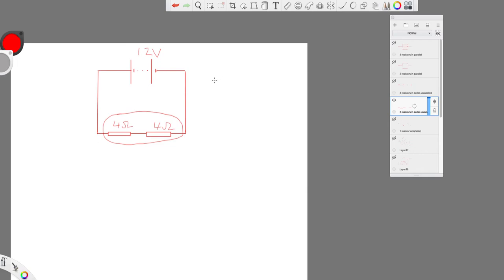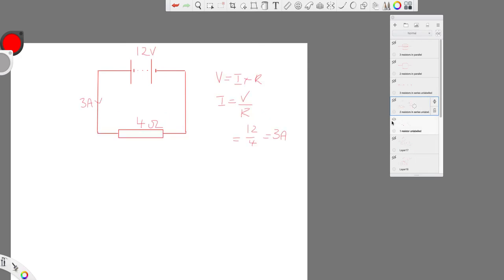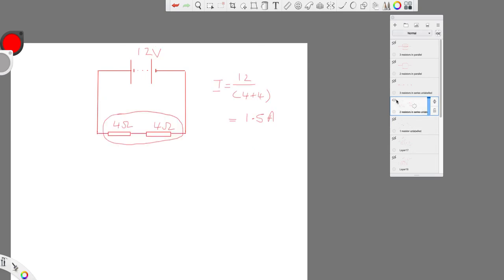So now we have the current is 12 over 4 plus 4, 12 over 8, 3 over 2, 1.5 amps. So previously we had 3 amps. Now we've got 1.5, double the resistance.